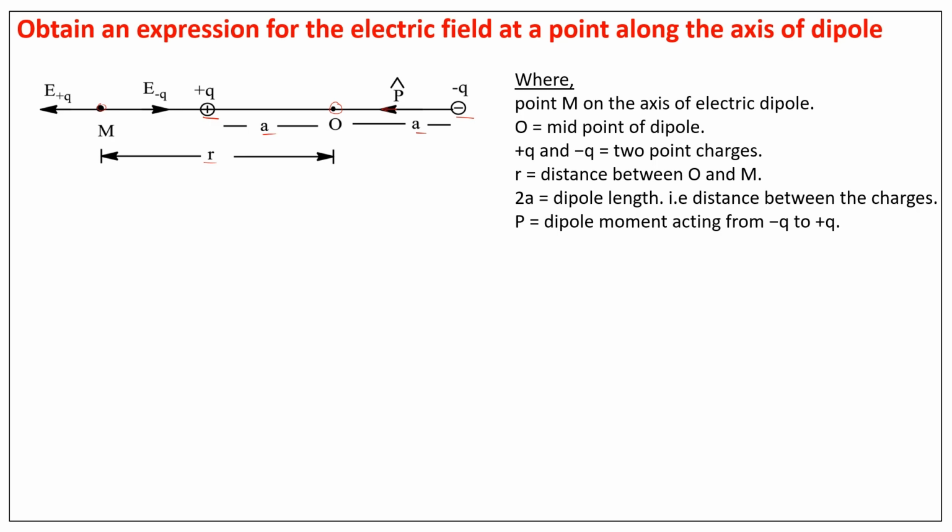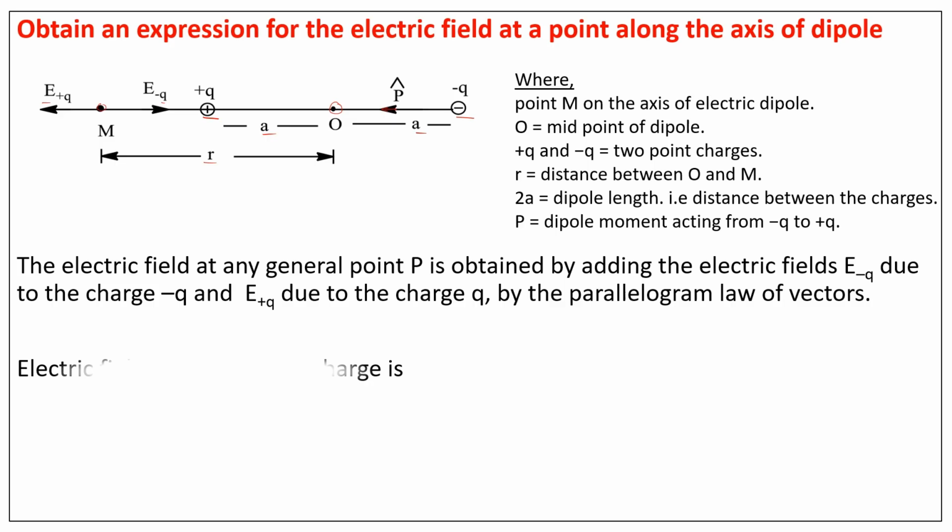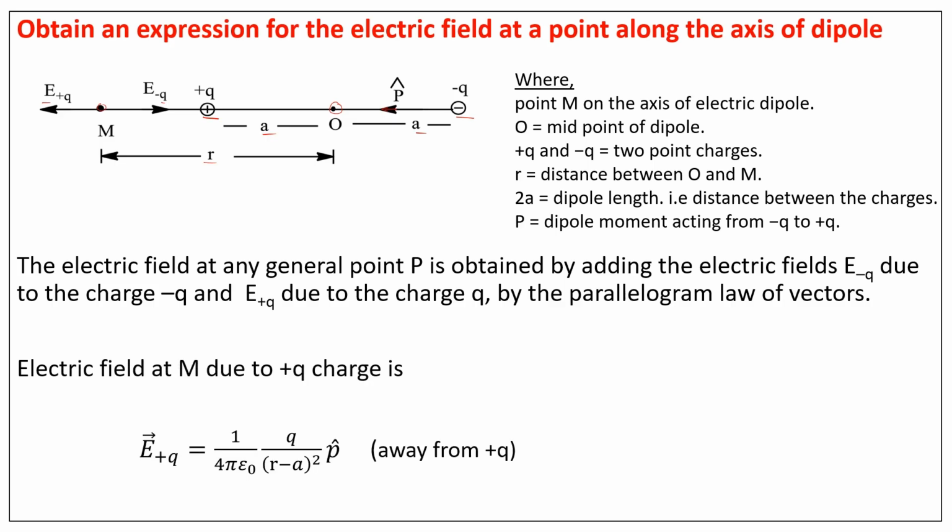The electric field at any general point is obtained by adding the electric fields E minus q due to the charge minus q and E plus q due to the charge plus q by the parallelogram law of vectors. Therefore, the electric field at M due to plus q charge is E plus q is equal to 1 by 4 pi epsilon naught into q by (r minus a) whole square into p cap.